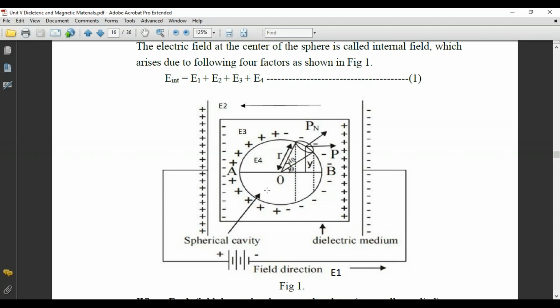So whenever you place a dielectric material between the two parallel plate capacitors and connect them, four types of fields are going to act at the center O, where a dipole exists.